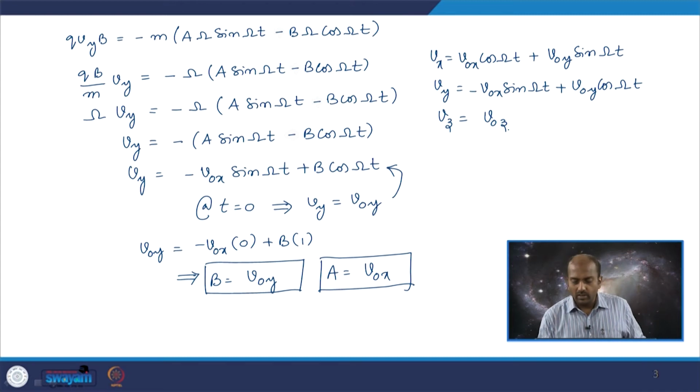That means Vz, the velocity component along the z direction or along the magnetic field's direction, is uninfluenced.